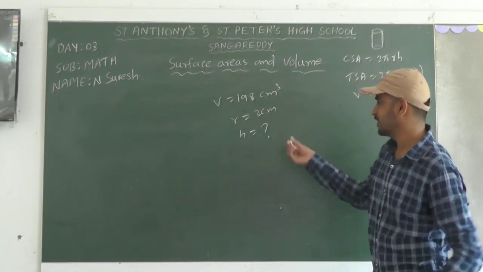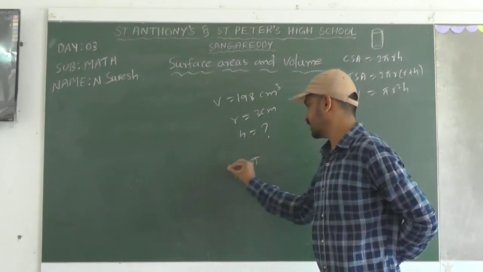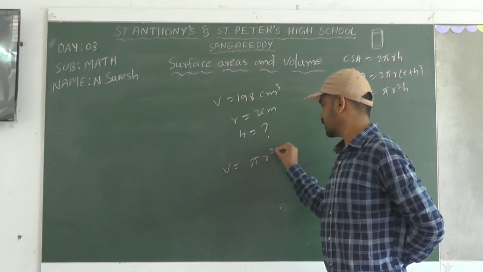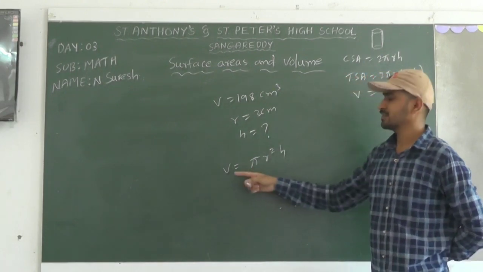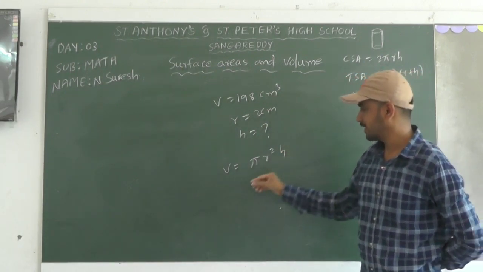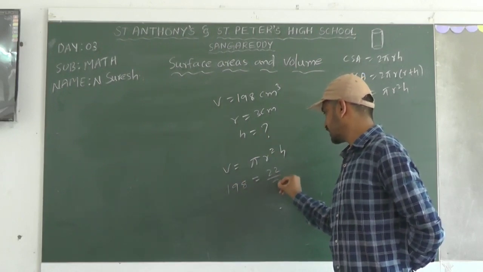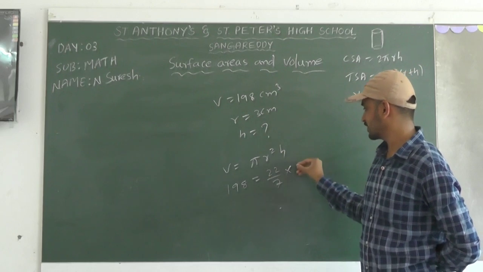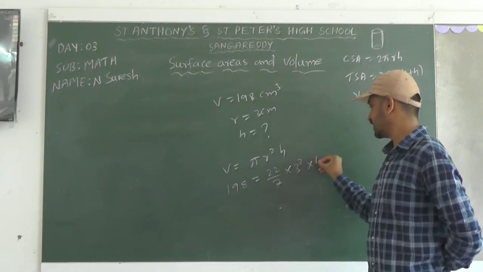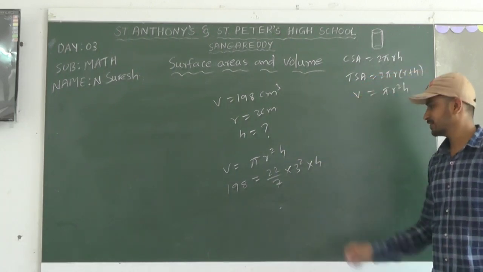In the same way, we can take the volume of the cylinder, V equals pi r square h. What is the V? 198 equals pi, 22 by 7, into r, 3 square. So h is unknown, what we are going to find.